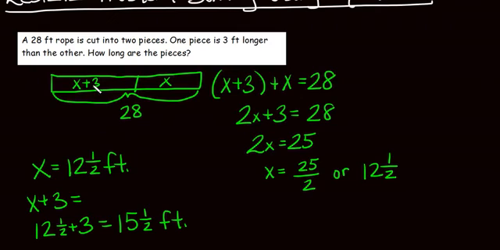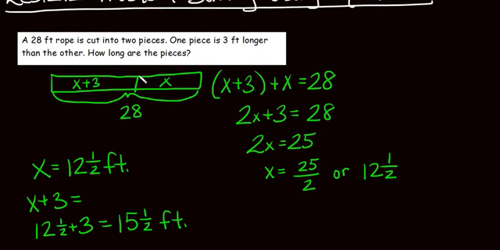And the 3 feet added to that X is going to be my other part. And if I set this equation, X plus 3 plus the other X equal to 28, and use my algebra skills that we've been learning and solve it for X, I'm going to know that this part over here is equal to 25 halves, or I could just say 12.5 feet.